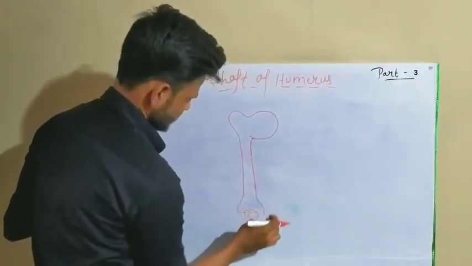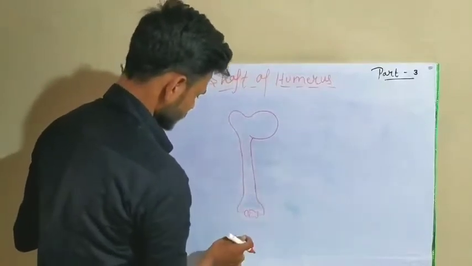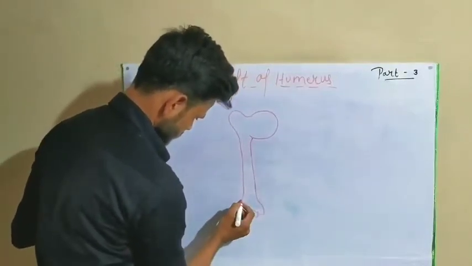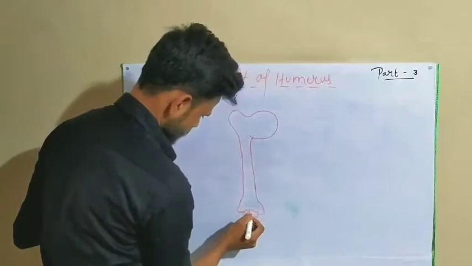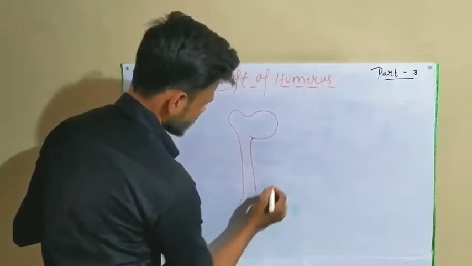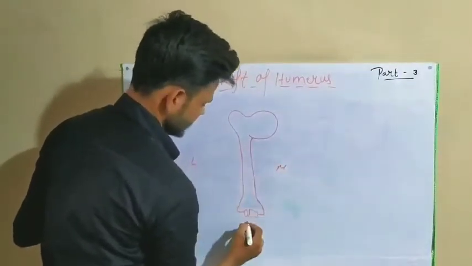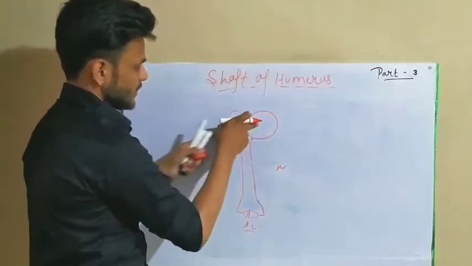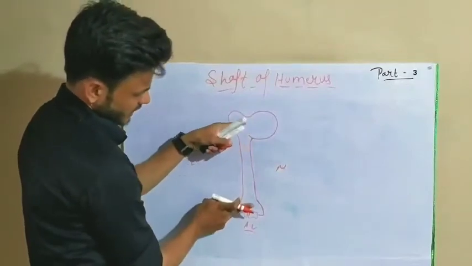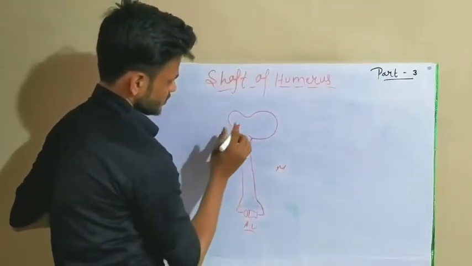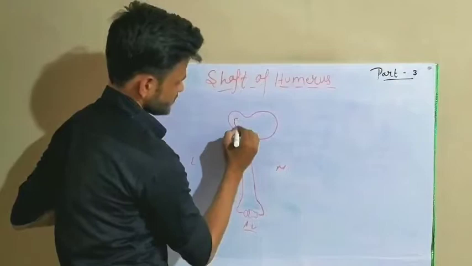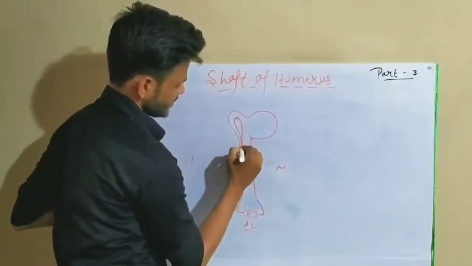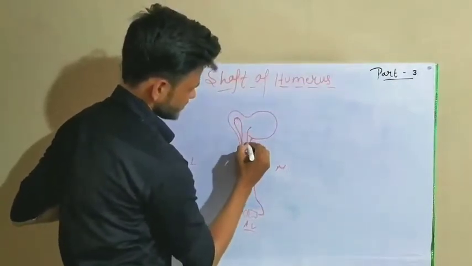This is the medial side, this is lateral, this is anterior view. This is our upper end, this is lower end, this is shaft. The upper end has the greater tubercle, and this is the lesser tubercle.